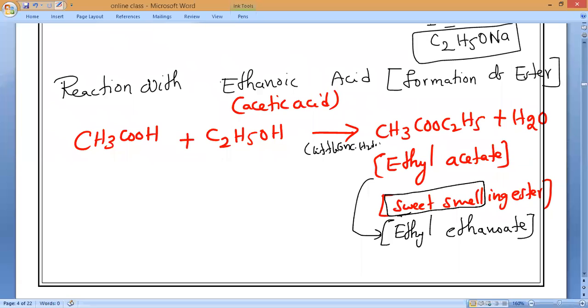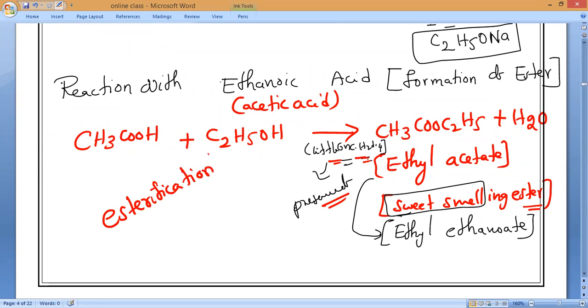Very, very important, presence of concentrated sulfuric acid. Again, don't say I did not teach you. You have to learn. It's your responsibility. Under the presence of little concentrated H2SO4 to form the sweet smelling esters, and this process is called esterification.